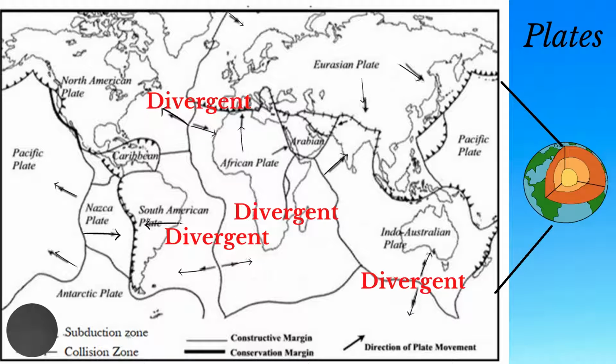And this is the location of the Mid-Atlantic Ridge. Where the Mid-Atlantic Ridge rises above sea level, we can see Iceland in the northern section of the map.